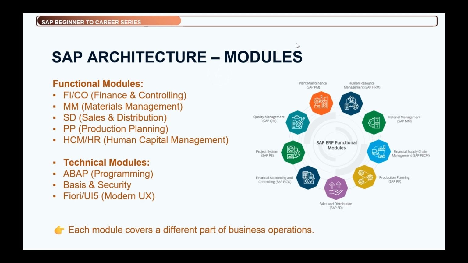SD, sales and distribution. All the sales and distribution related activities in your organization are managed by the sales and distribution module in SAP. What are the sales and distribution related activities? You are selling to your customers using a sales order. You create a sales order in your system, and you do the delivery part.